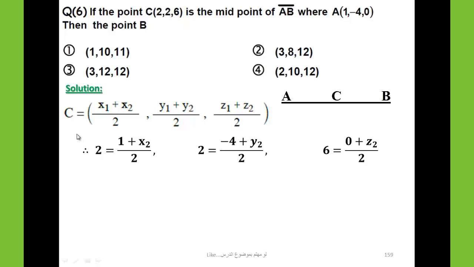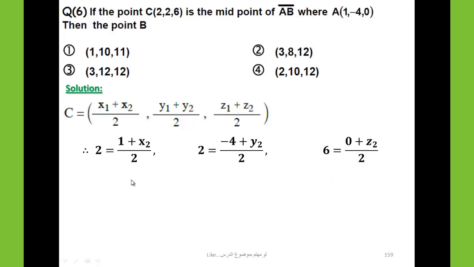So 2 equals the first coordinate, x1 plus x2 over 2, and x1 is 1 from the given, so 1 plus x2 over 2. y1 equals negative 4, so we write negative 4 over 2. z1 is 0 plus z2 over 2.